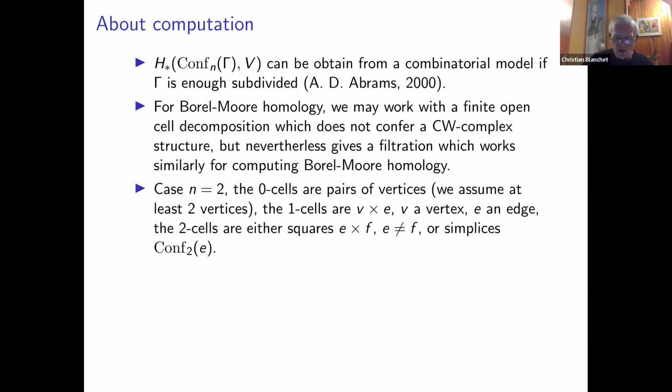And in a very small case, if n equals 2 points, then the 0-cells will be pairs of vertices in the graph. We assume at least 2 vertices, but it's not really a problem. The 1-cells are products of a vertex times an open edge. So these are open 1-cells.